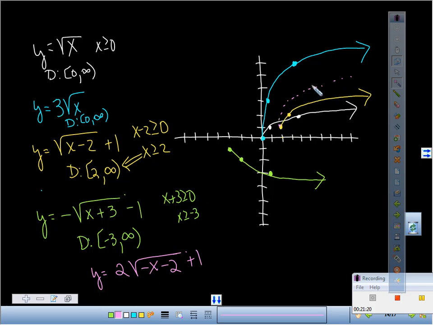Now, if I take this thing right here and I reflect it over the y-axis, where does this point at 2, 1 go? And now I can go up 2 and to the left 1. There's that second point. And this is what your parabola looks like.